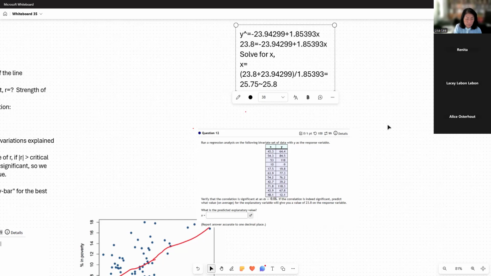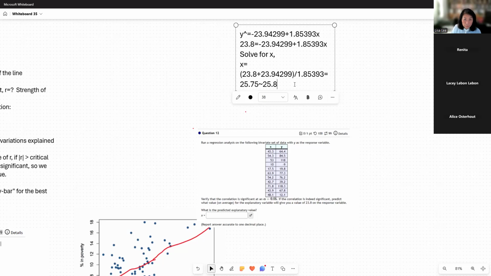That's also another question that always asks you to find the linear correlation. After you run the test, you can go downward and see a lot of information.